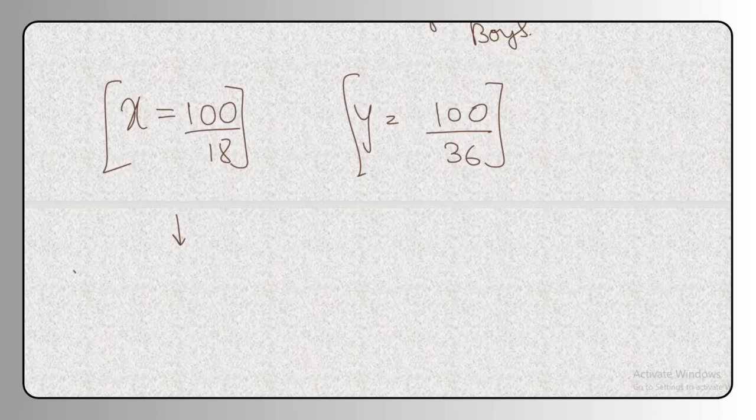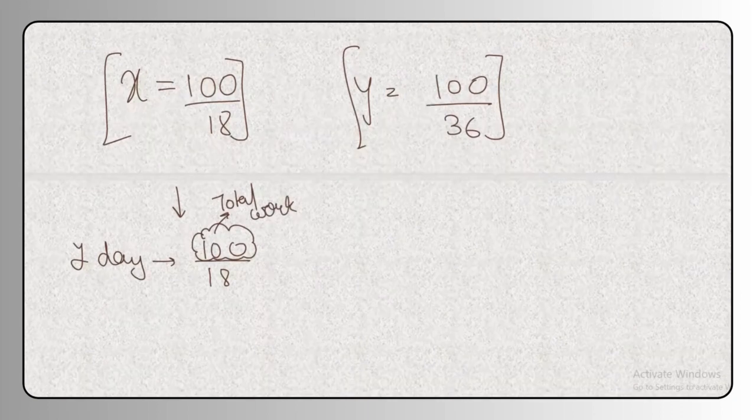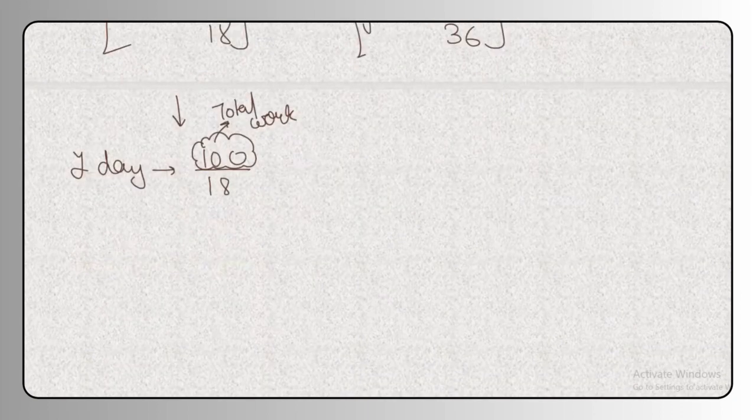So in one day, the man can do 100 upon 18 work. Remember, 100 being the total work. So 1/18th of the total work is done in one day.